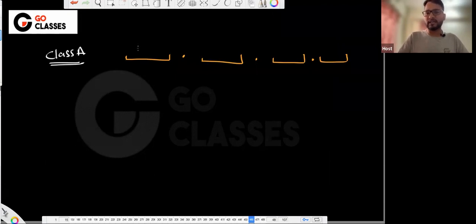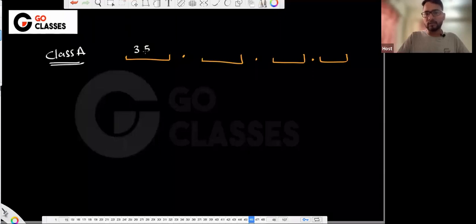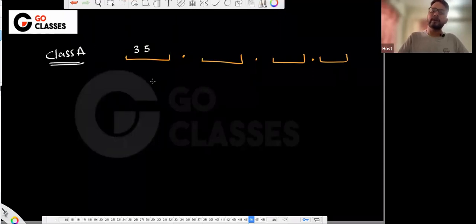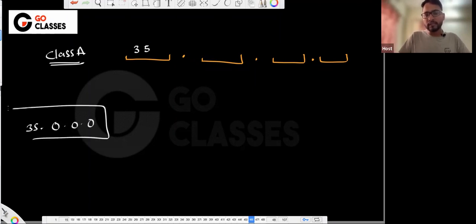Let's suppose it is maybe 35. This is belonging to class A. Now, which means that there is a network, that network ID is 35.0.0.0. Okay, and this standalone network has how many hosts or how many IP addresses? It has 2 power 24 hosts, right?